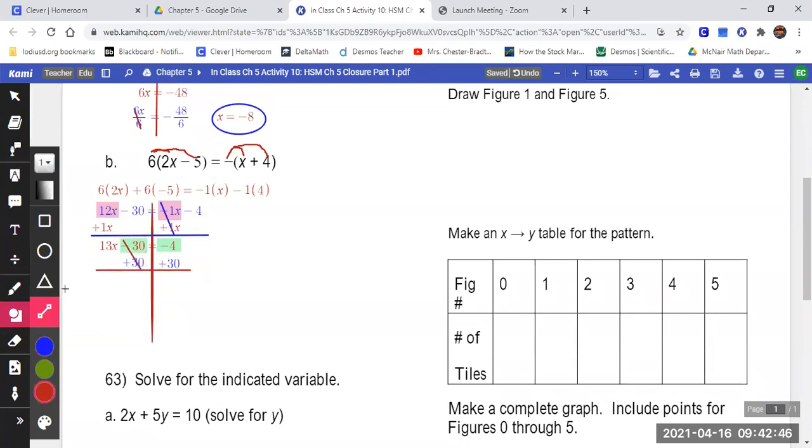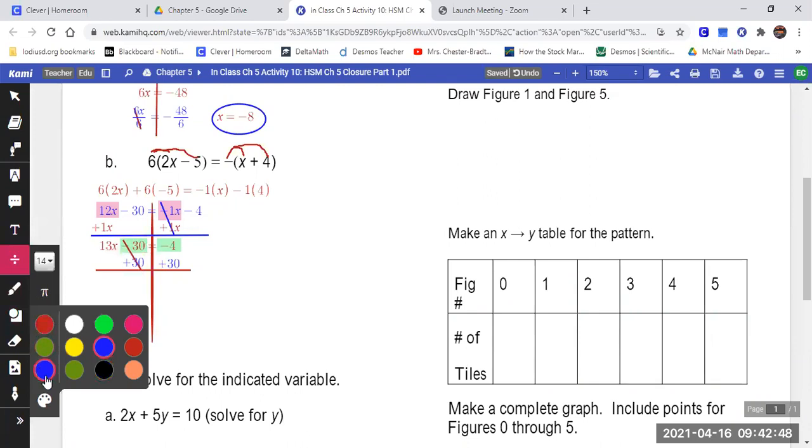We don't care anymore. Clean us up. What would we have? Yes, 13x equals 26. Thank you.